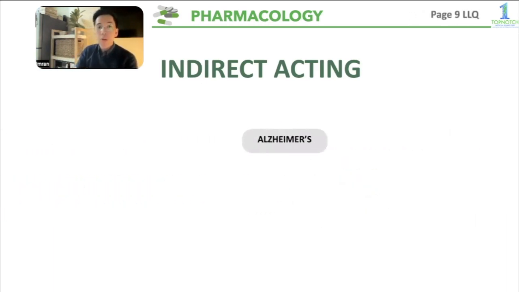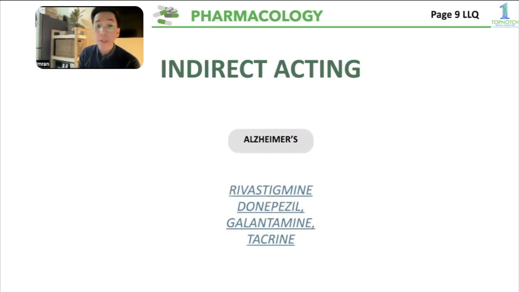Okay? So, another use of your indirect acting agent is for Alzheimer's. Your rivastigmine, donepezil, galantamine, and your tacrine. So, these are used for the treatment of your Alzheimer's. Among these 4 drugs, rivastigmine is used as a transdermal patch.